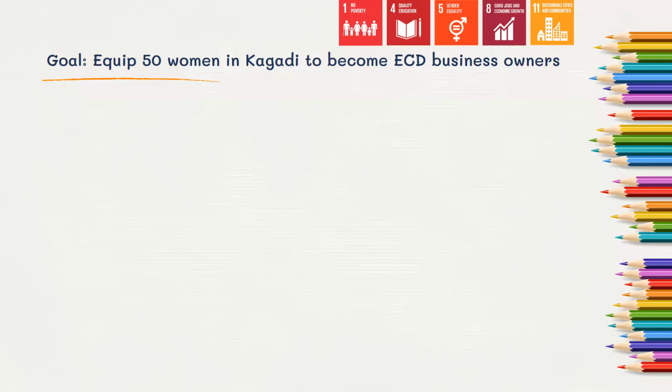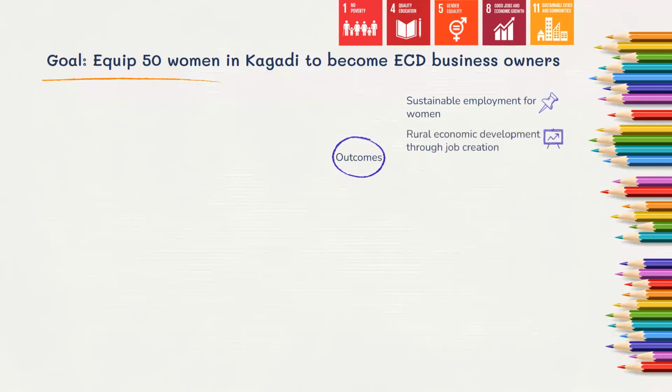And at this stage, my mind is now ready to think about what outcomes I want to see from this goal. What are the main things that I expect to emanate from my initiative? I may want to see sustainable employment for women. I would want to see rural economic development through job creation.